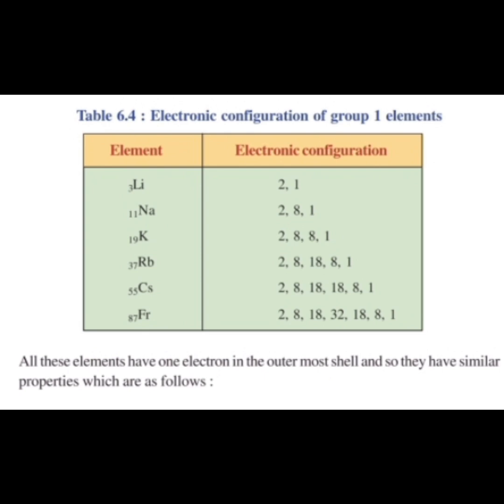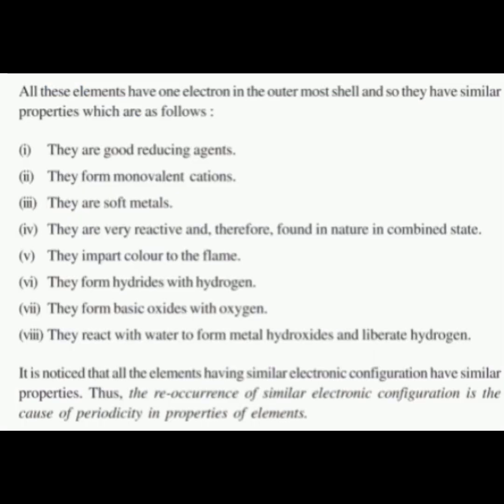That is why the properties are followed as: they are good reducing agents, they form monovalent cations, they are soft metals, they are very reactive and therefore found in nature in combined state, they impart color to the flame, they form hydrides with hydrogen, they form basic oxides with oxygen, they react with water to form the metal hydroxide and liberate hydrogen.